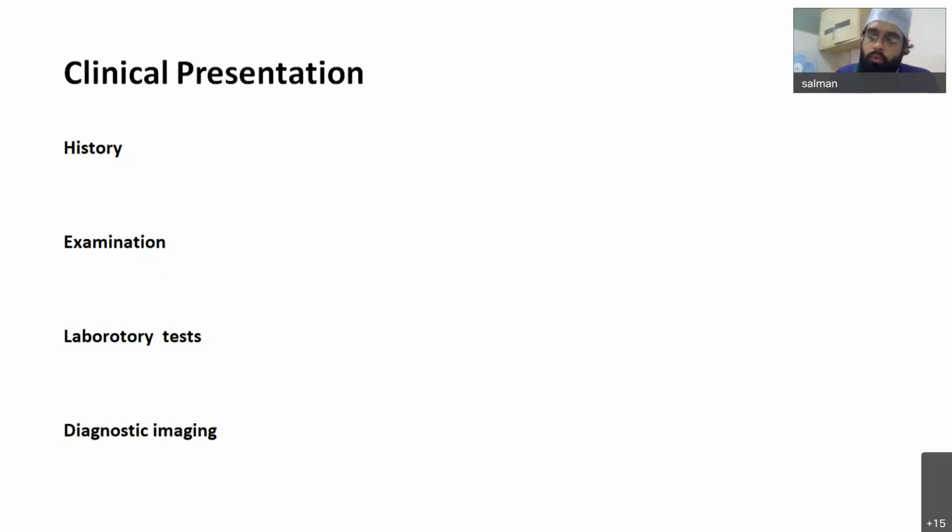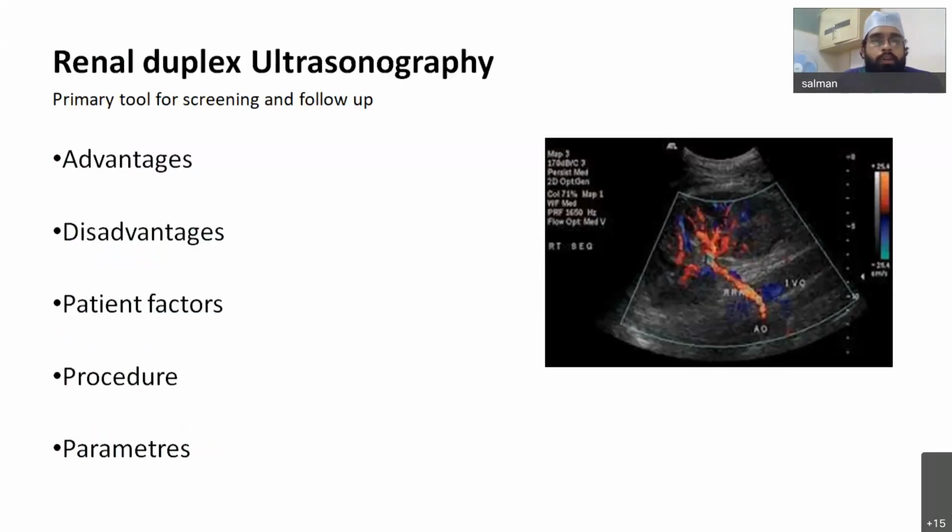And going on to diagnostic imaging in renovascular disease, I will be mostly talking in terms of renal duplex ultrasonography. The RDU, renal duplex ultrasonography, is basically the primary tool for screening of renovascular disease and renal arterial stenosis and in follow-up.